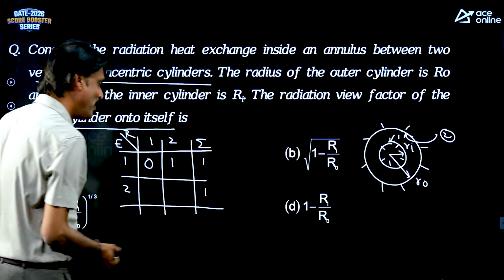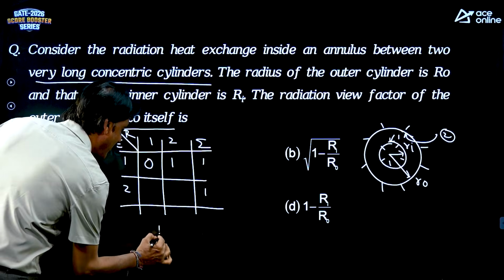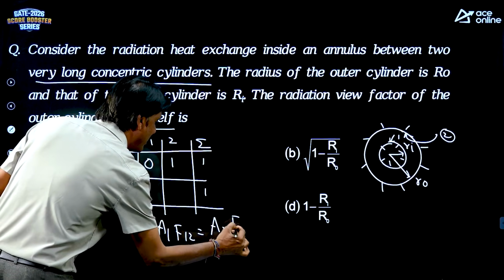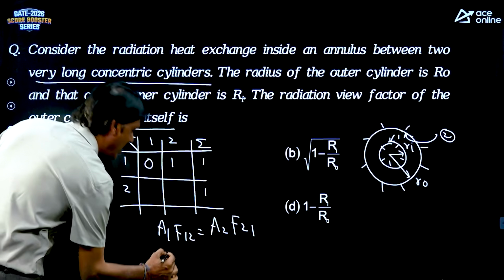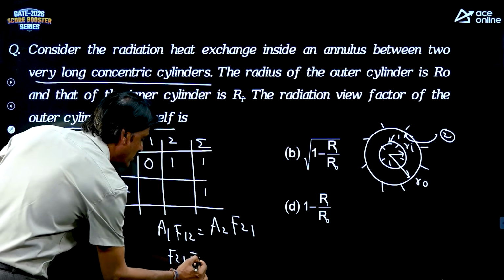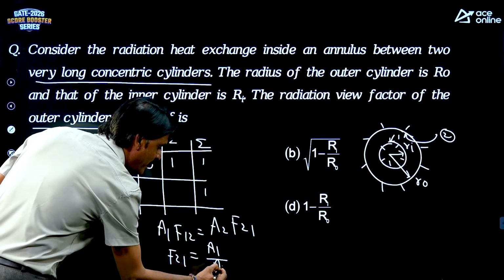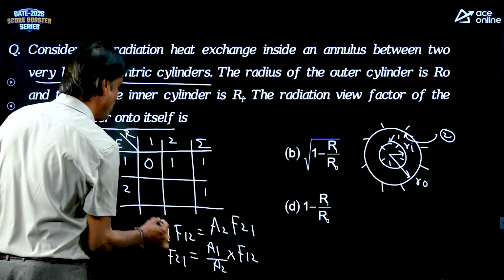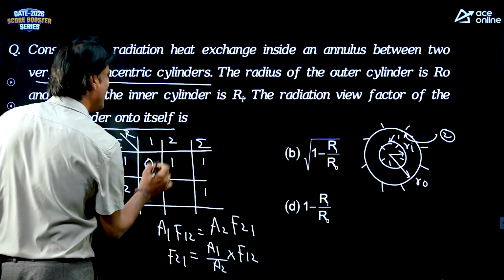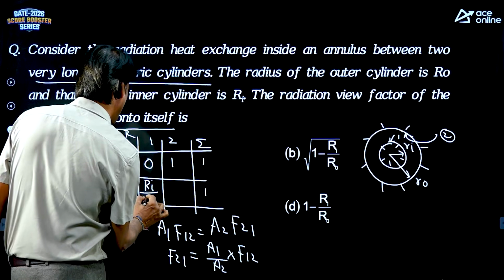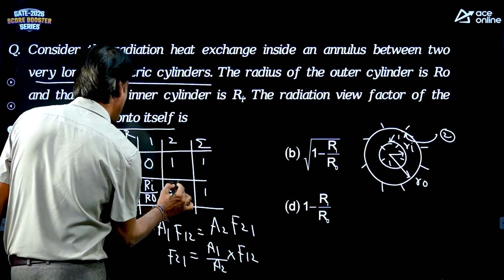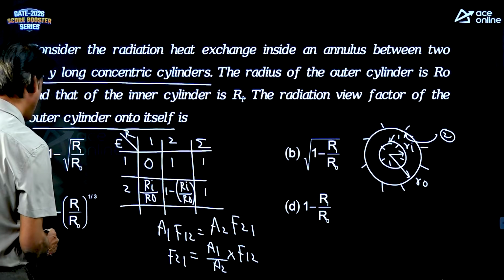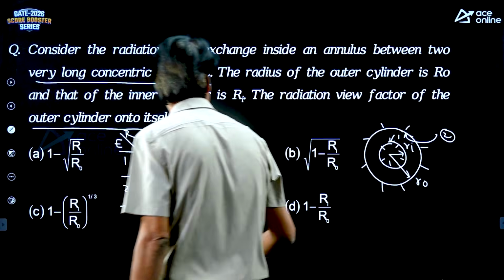If you write your reciprocity theorem, you have A1 F1 on 2 is equal to A2 F2 on 1. You can calculate F2 on 1, A1 by A2 into F1 on 2, 2 pi Ri L by 2 pi R0 L. This becomes Ri by R0. So, this value is 1 minus Ri by R0. So, answer is D.